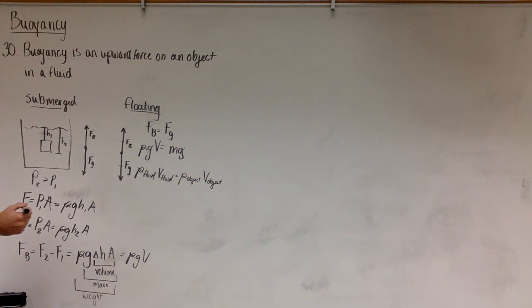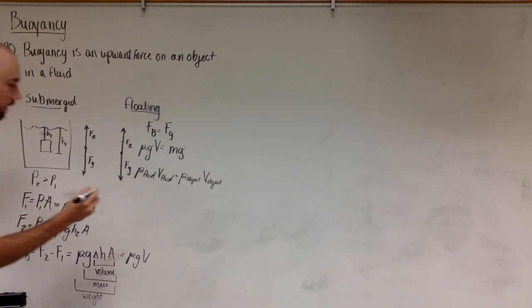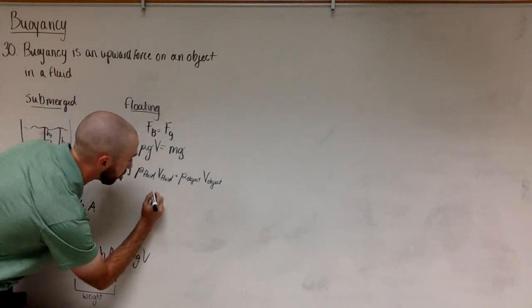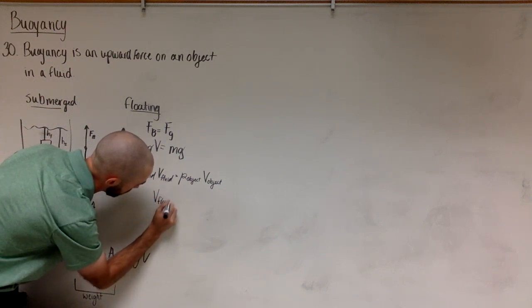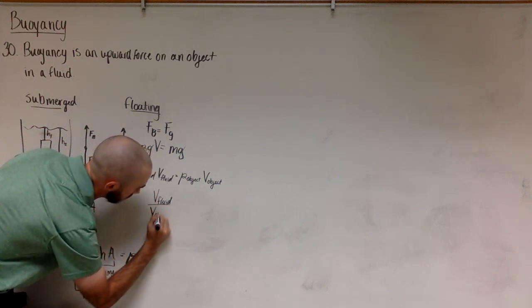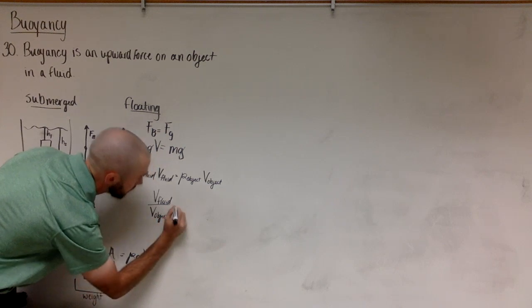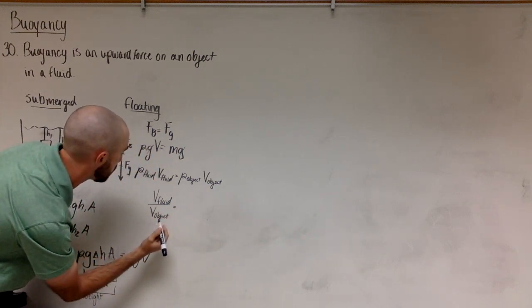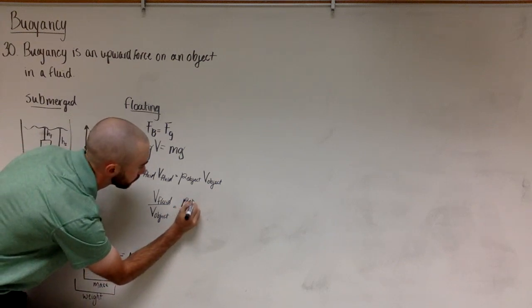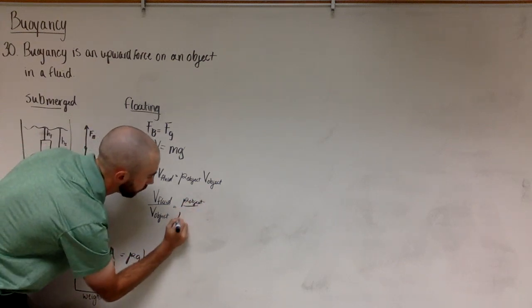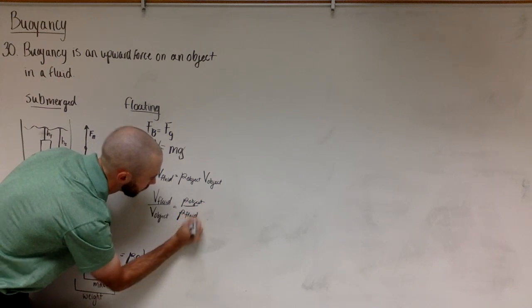When we rearrange it, we can find the proportionality for our fluid. We can get that the volume of our fluid over the volume of our object is equal to the rho of the object over the rho of our fluid.